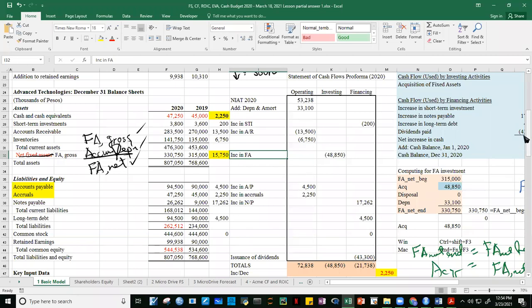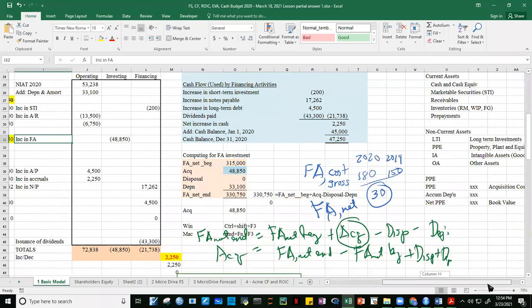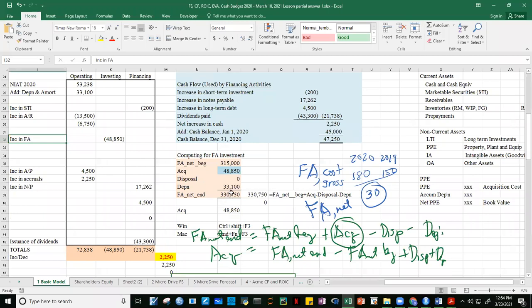In case it's not given, then you have to compute the actual change by looking at this pro forma. You start with the net beginning, and then you compute for the net end by taking into account any acquisition, any disposal, and any depreciation expense for the year. This is easily solved. Either you use arithmetic, a little algebra, or you can just use the Goal Seek of Excel.